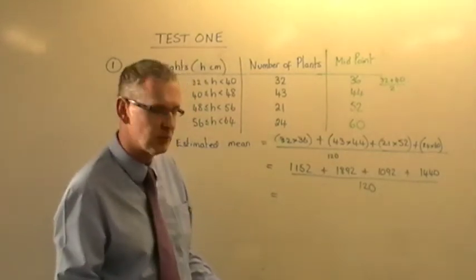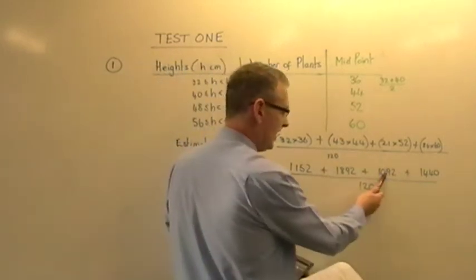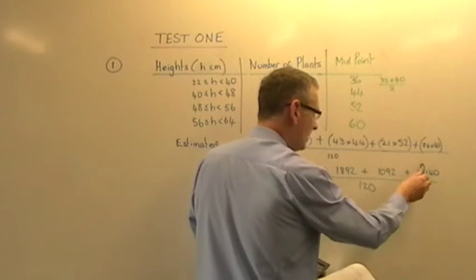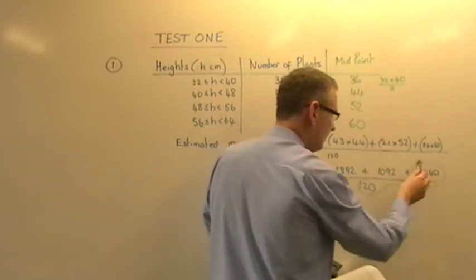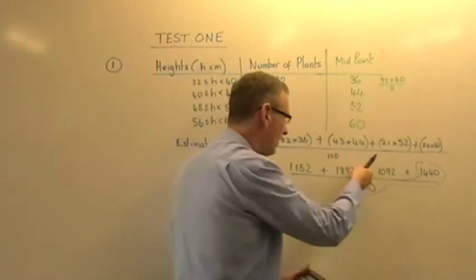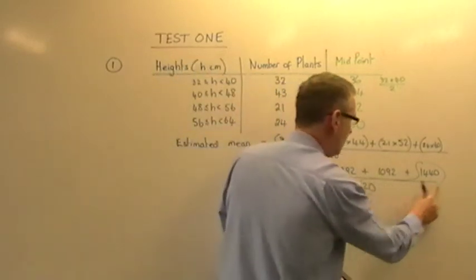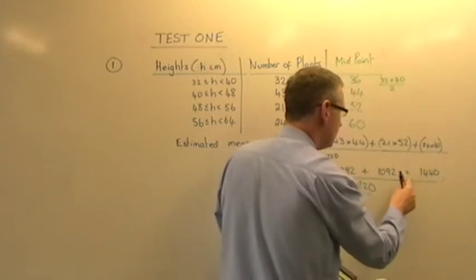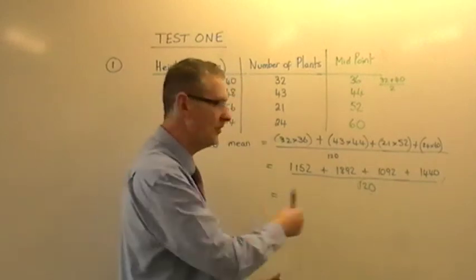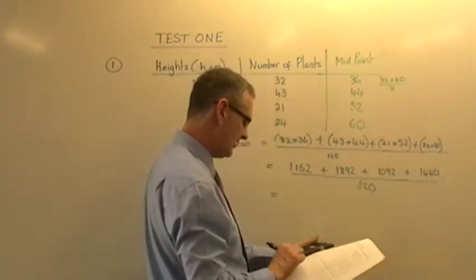And you're going to get the wrong answer because when you do that on a calculator, all the calculator would do is actually just divide the 1440 by 120, get the answer to that, and then add it on to the others at the end. Now that is not the sum I want to do. I want to add all the top line numbers together first, all of them first, and then divide the final answer by 120.